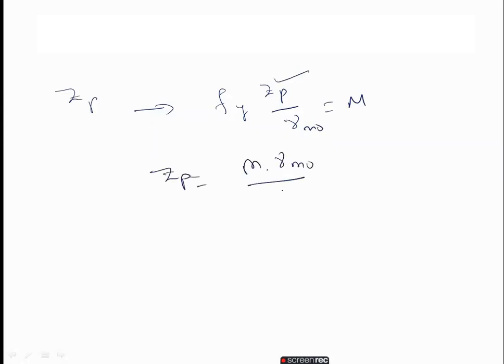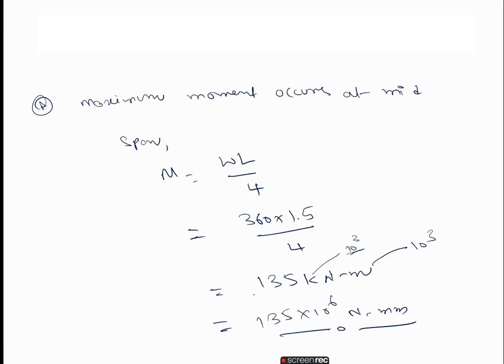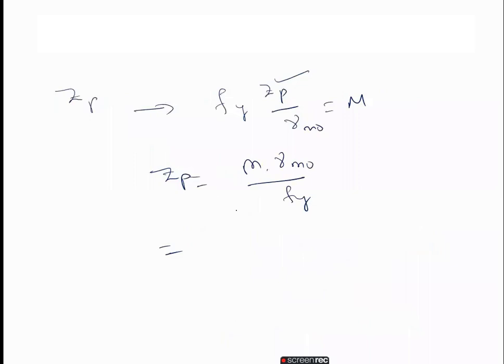Next, you have to calculate the plastic section modulus required. We have one relation: M equals Fy into Zp by gamma m0. So from this, Zp equals M into gamma m0 by Fy. M we just calculated as 135 into 10 power 6.